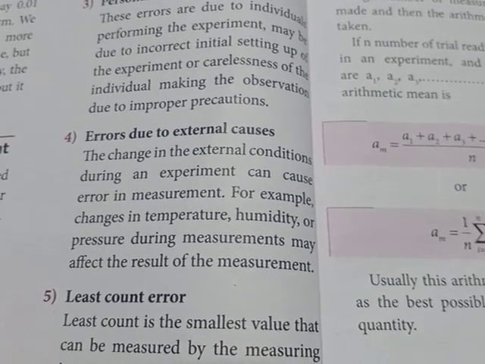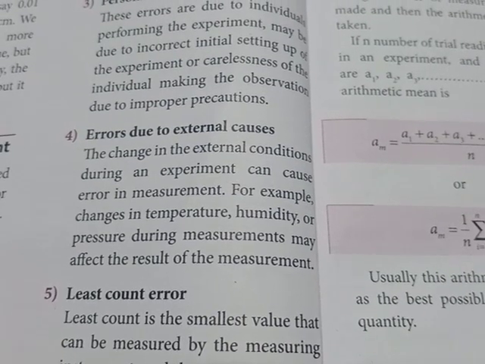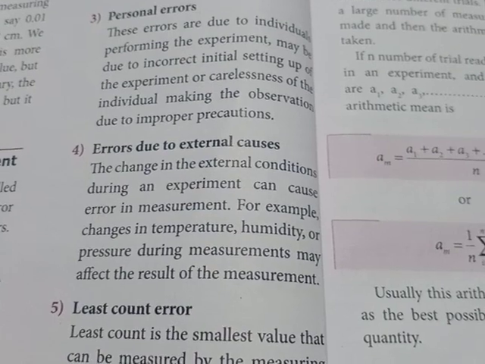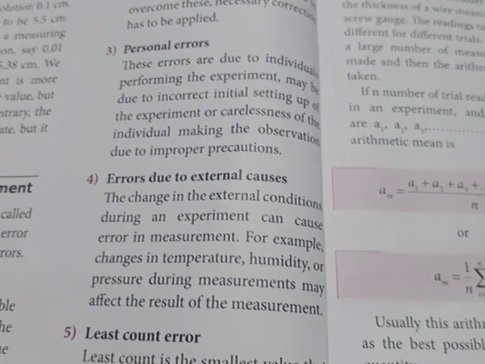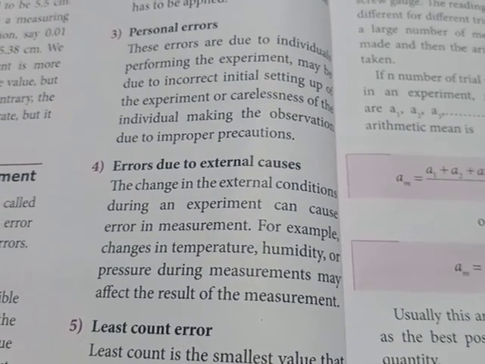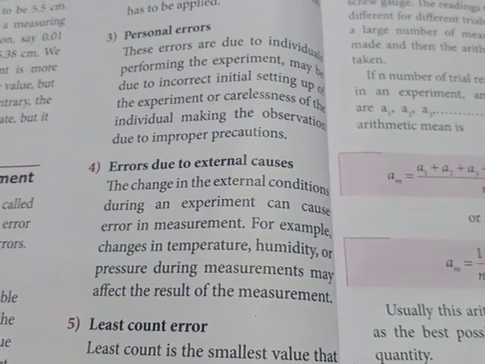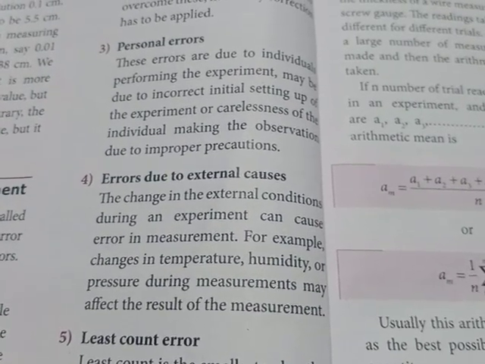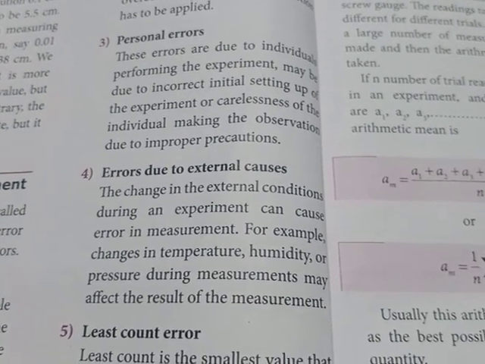Or if you are careless while doing the experiment, personal error can occur. These errors are due to the individual performing the experiment, maybe due to incorrect initial setting up of the experiment or carelessness of the individual making the observation due to improper precautions.